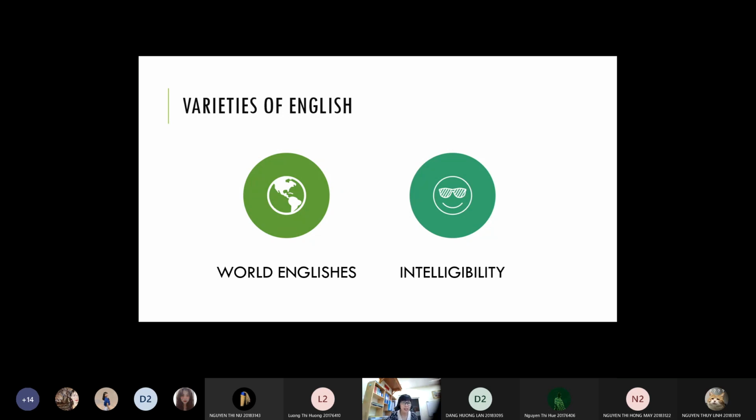So intelligibility is the noun, and the adjective for it is intelligible or understandable. So can you understand what she says? No? Nothing?